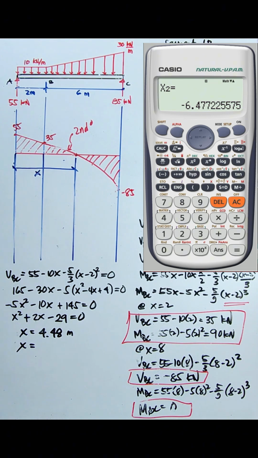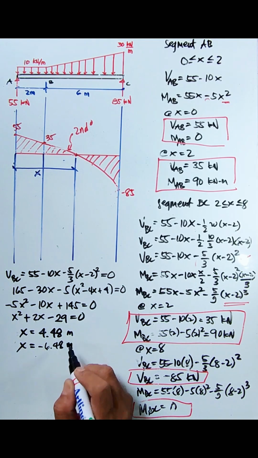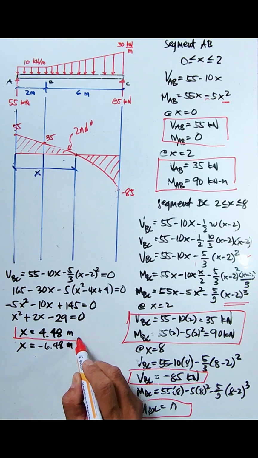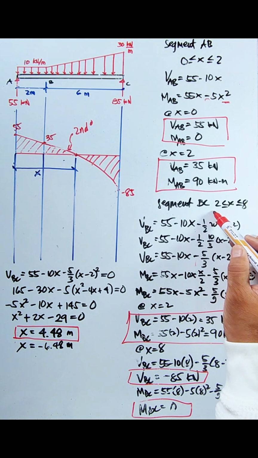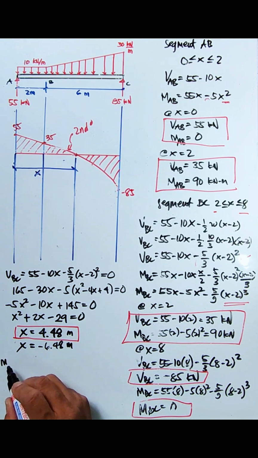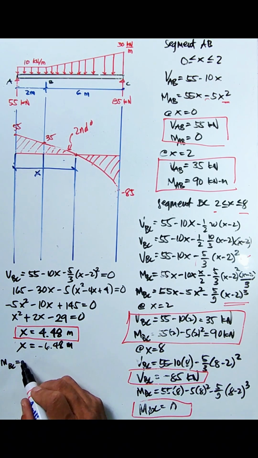And the other one is negative 6.48 meters. So obviously we'll be using the positive value because for segment BC, the range is from 2 to 8. Then with this value, we can solve the moment at zero shear. That's using this equation here.